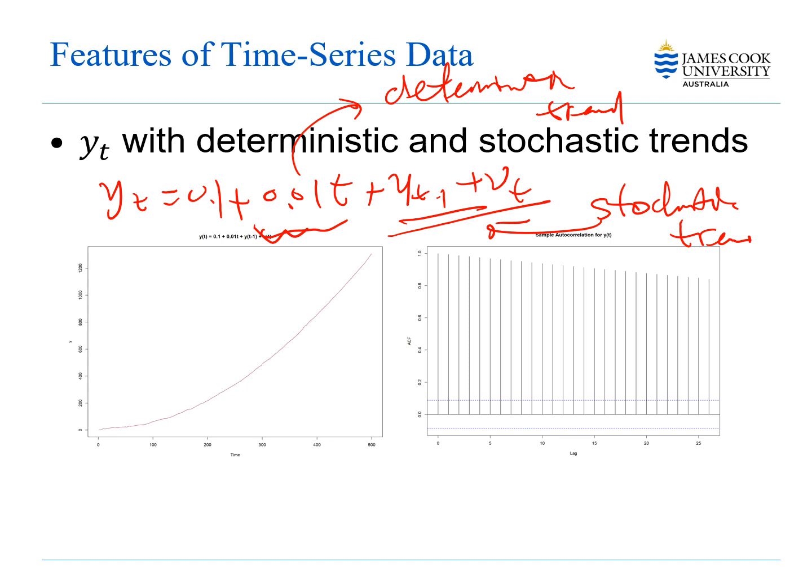Two components. So yt now contains both a deterministic and a stochastic trend. This is one realization, and we can see that the sample autocorrelation is highly persistent. Again, this process is not stationary.